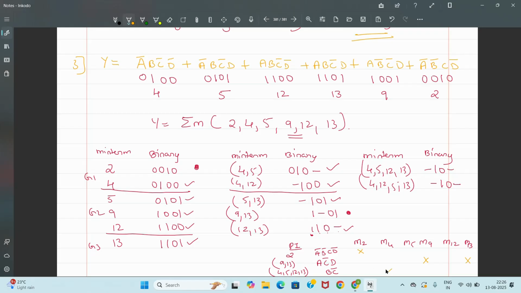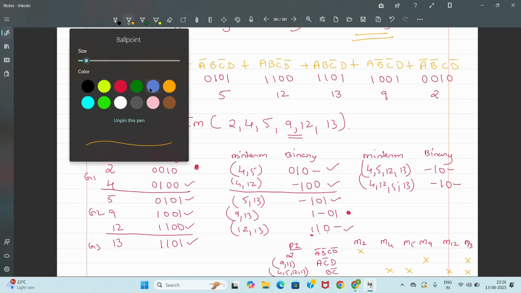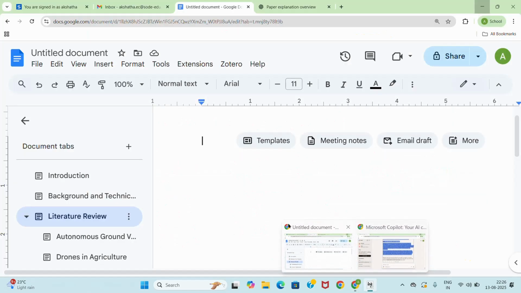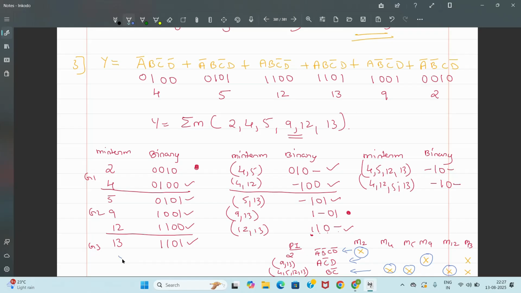Then this has 4, 5, 12 and 13. So if I have to circle the single X, here you have single, single, this is single, this is single. Corresponding row value, second row also is there, third row is also there. So which means all the three values will be there in your output.